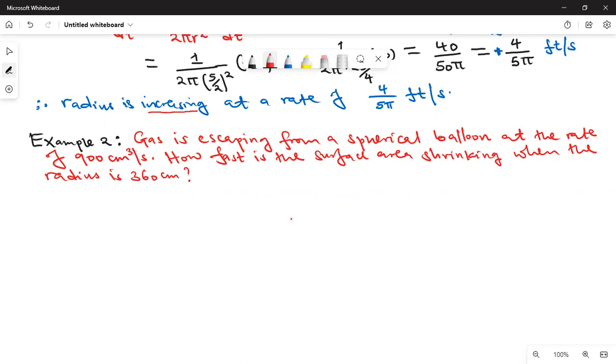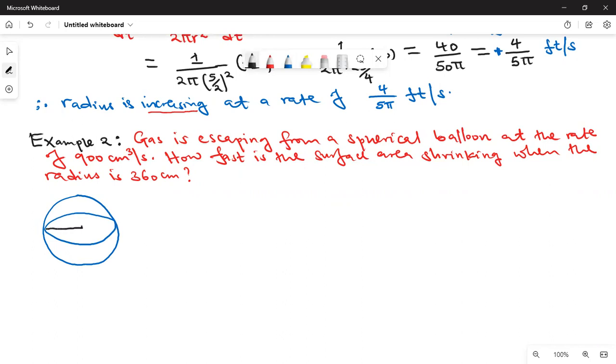The solution. Now you see here, we are talking of a spherical balloon. It is a sphere, and this sphere is losing gas as time goes by. So we are going to sketch the sphere, something like a globe, like this one. That's our sphere.